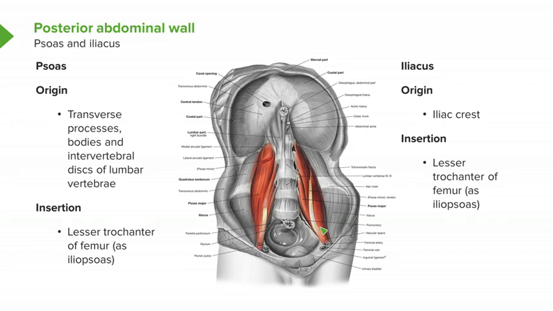Both of them insert into the lesser trochanter of the femur as iliopsoas, where they form a common tendon with iliacus muscle, which we'll see in a moment. But sometimes we can have a smaller, just pick out a little tendon here. This is psoas minor, and the larger, deeper muscle will be psoas major.